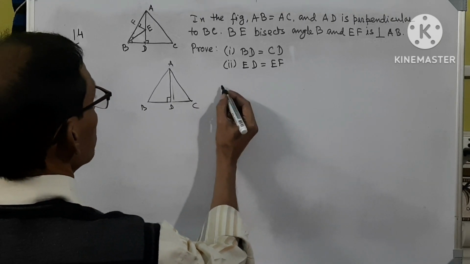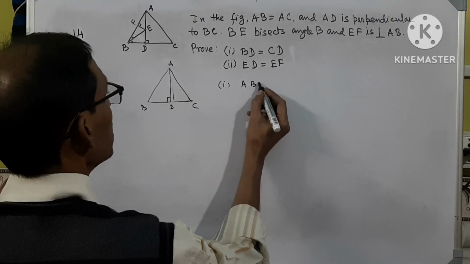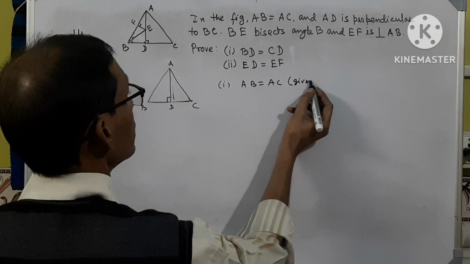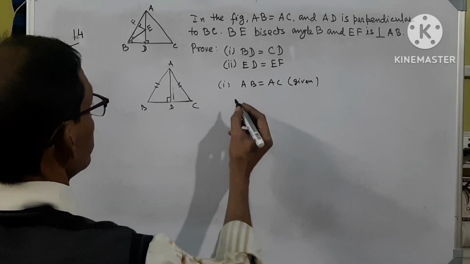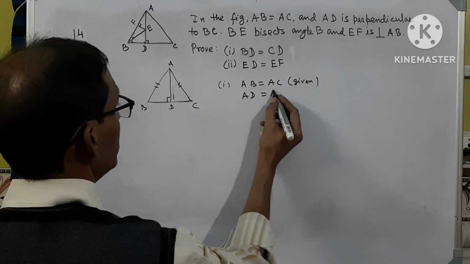First, AB equal to AC, it is given. AD equal to AD.